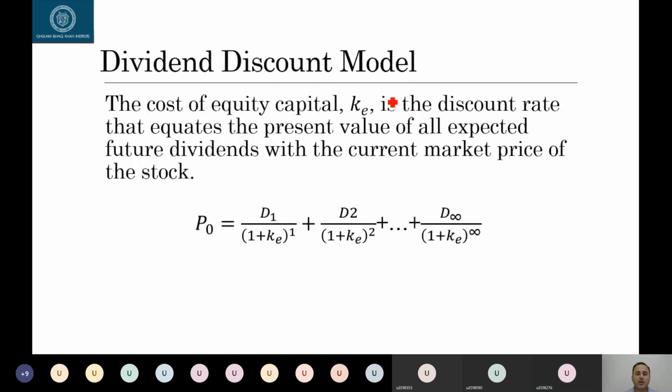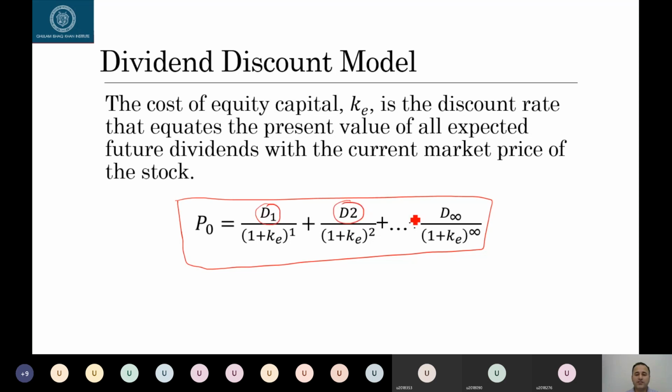So the dividend discount model is this. What you do, you discount all dividends, and then you get the market price of that particular security. Let's say if I put it on the timeline, how does it look?